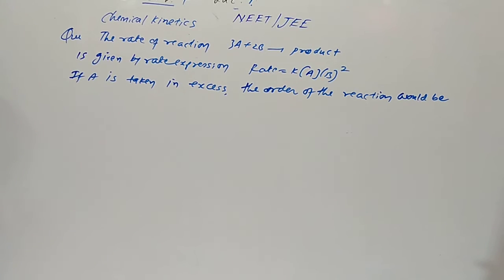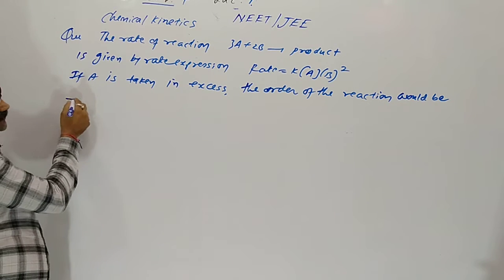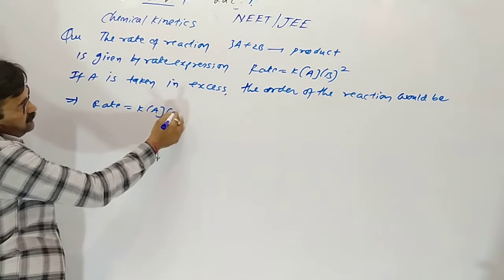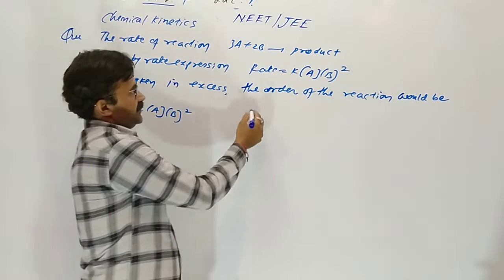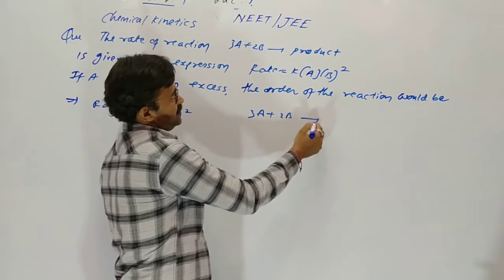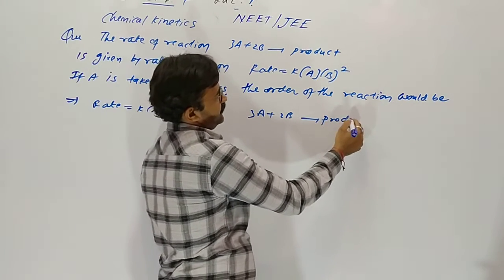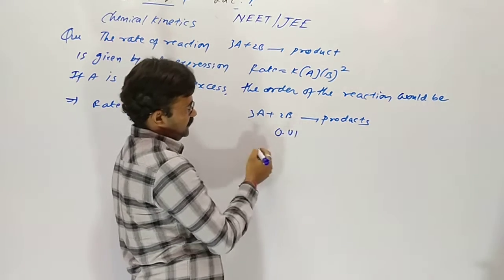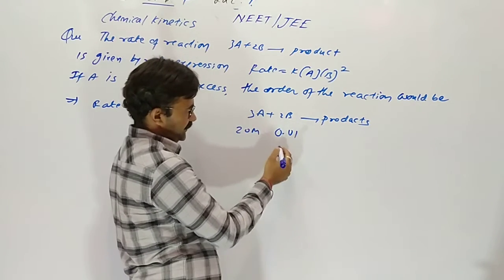So now tell me, here the rate expression is given. In this reaction, A is taken in very excess amount. Suppose B is 0.01, A is 20 molarity.